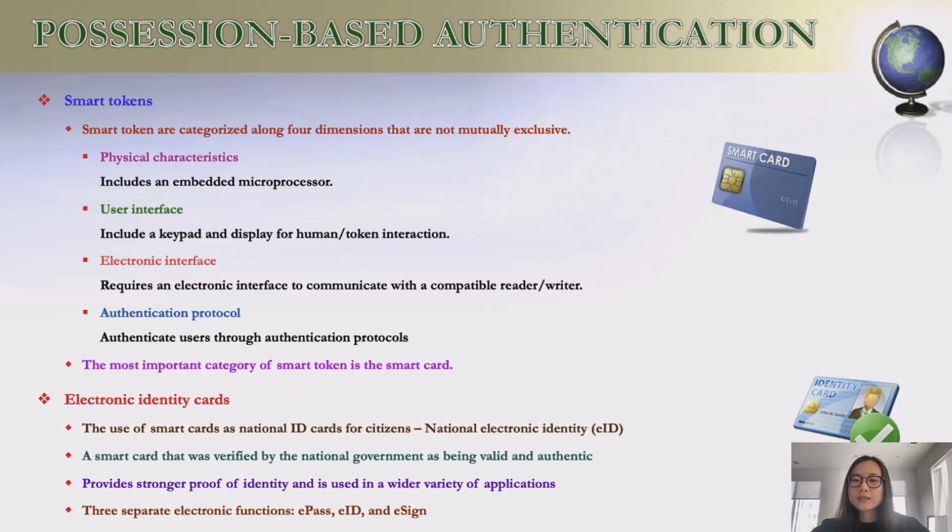Smart card has the appearance of a credit card and also contains an entire microprocessor, including memory, processor, and input and output ports, which allow the card to communicate with the card reader. Smart cards are increasingly used as national ID cards for citizens.